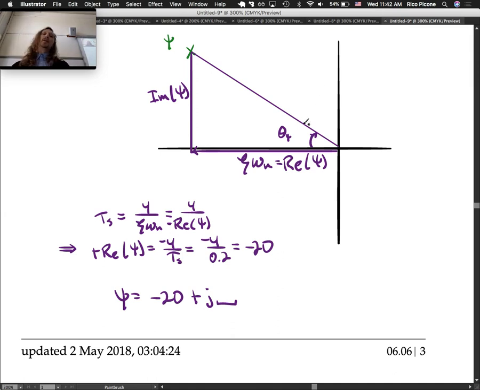How do we determine, if we know what theta is and we know what the real part, this side of the triangle, is, how do we figure out what that part of the triangle is? Tangent of theta psi is equal to the imaginary part of psi divided by the real part of psi.